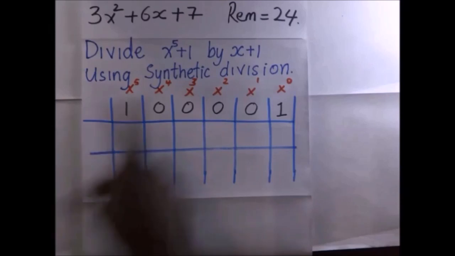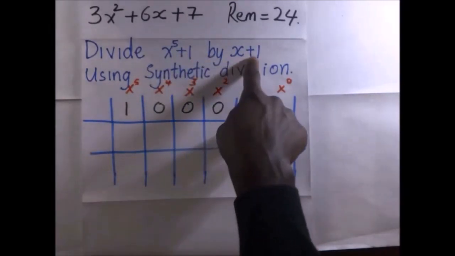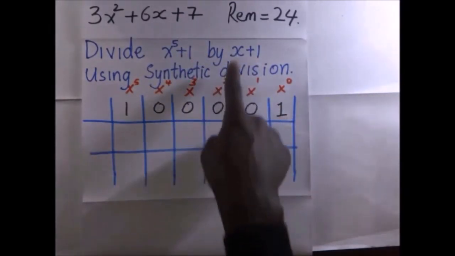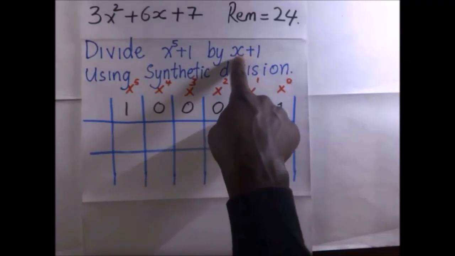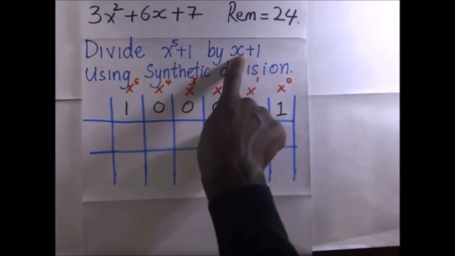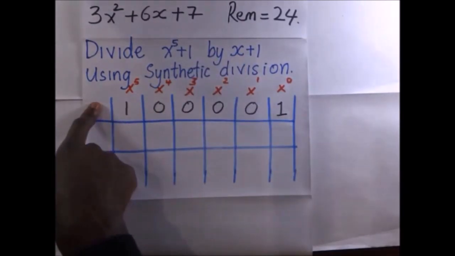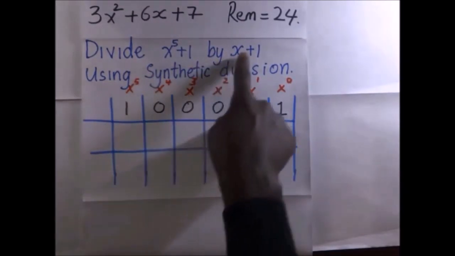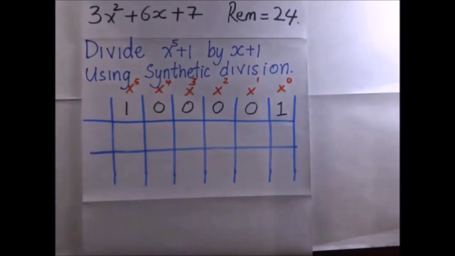And now, this is divided by x plus 1. If x plus 1 is equal to 0, making x the subject of the formula, our value of x is negative 1. So we put a negative 1 there.